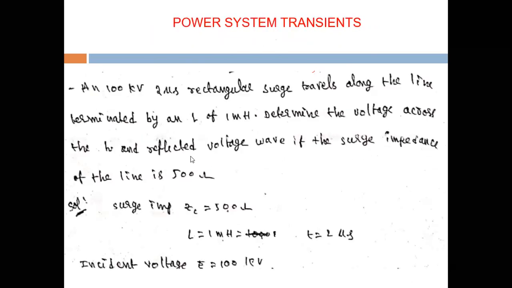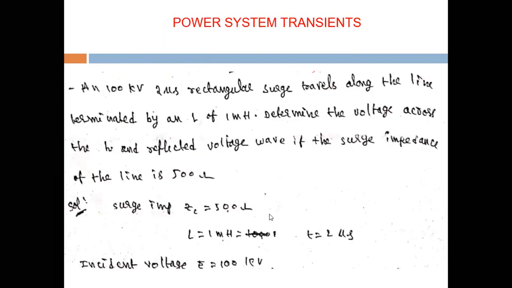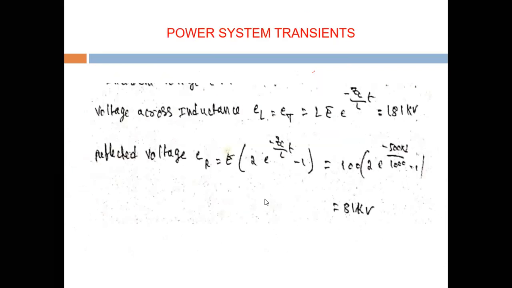In the first problem, we calculate the transient voltage and also the reflected voltages. In the second problem, we calculate the reflected current, and while calculating it we use the incident currents. Next, in the third problem, we calculate the reflected voltage, that is ER.